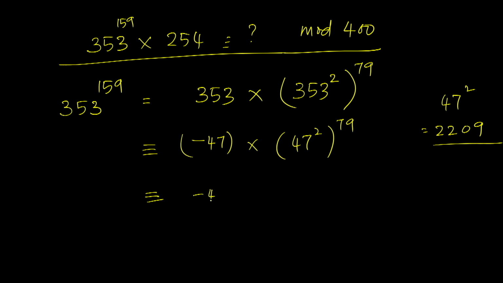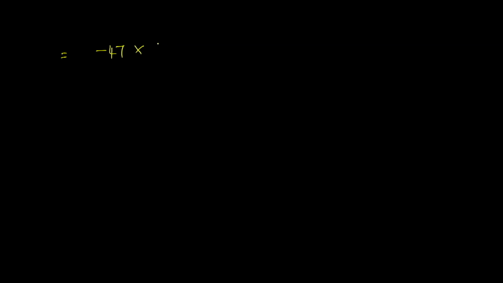So, modulo 400 you can write this as 209 the whole power 79, which is minus 47 into 209 into 209 squared the whole power 39.